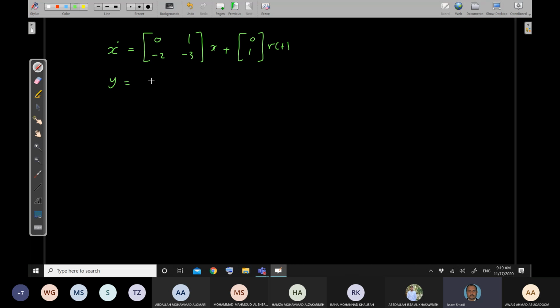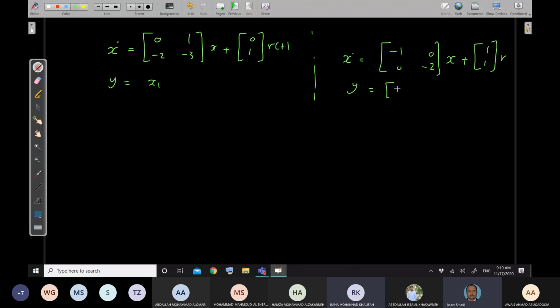And Y, I think it was x1, correct? The second one, with the same representation, x dot was equal to minus 1, 0, 0, minus 2, times x plus 1, 1 times R, and Y was 1 and minus 1.